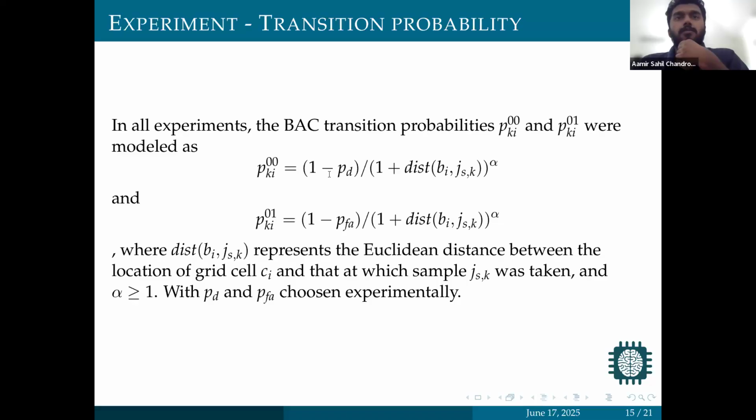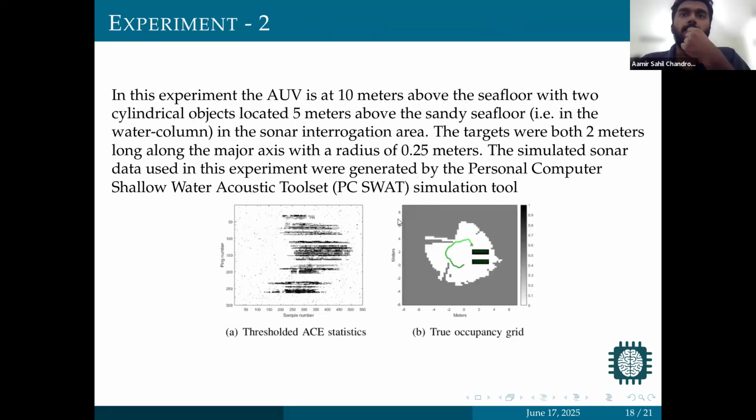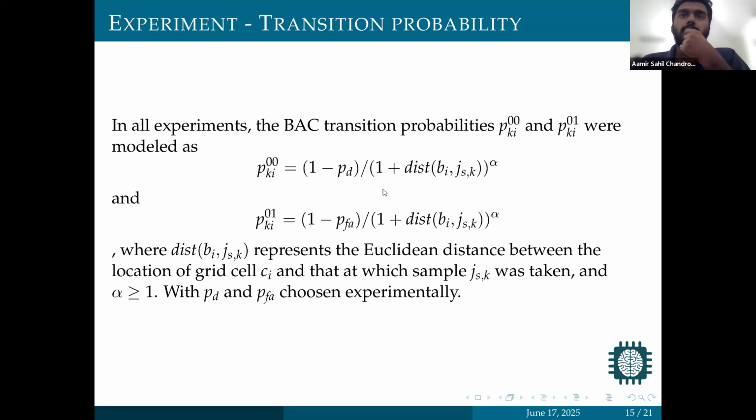Okay, so they didn't specify the motivation or how they derived this, even for this. For this particular equation, the RGO one didn't use this equation.